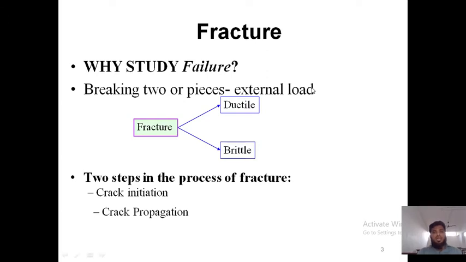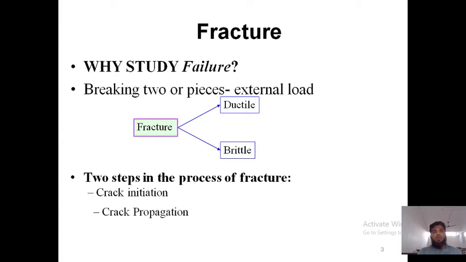If it is a ductile material, the material will first undergo plastic deformation, then it will break. The first example I have given is the refill. Refill is an example of a ductile material. When you keep on applying the load, the material will first bend, then it will break. Another example of ductile fracture is the sheet metal work which you do in your labs.